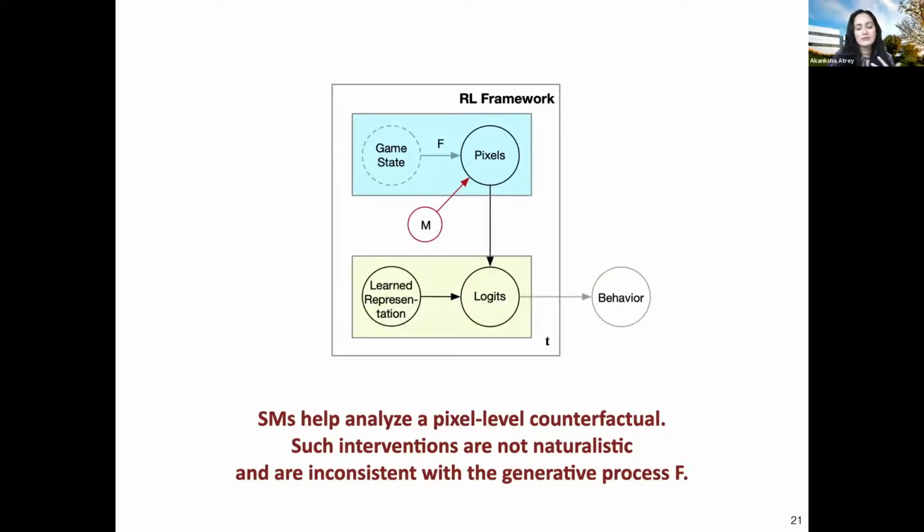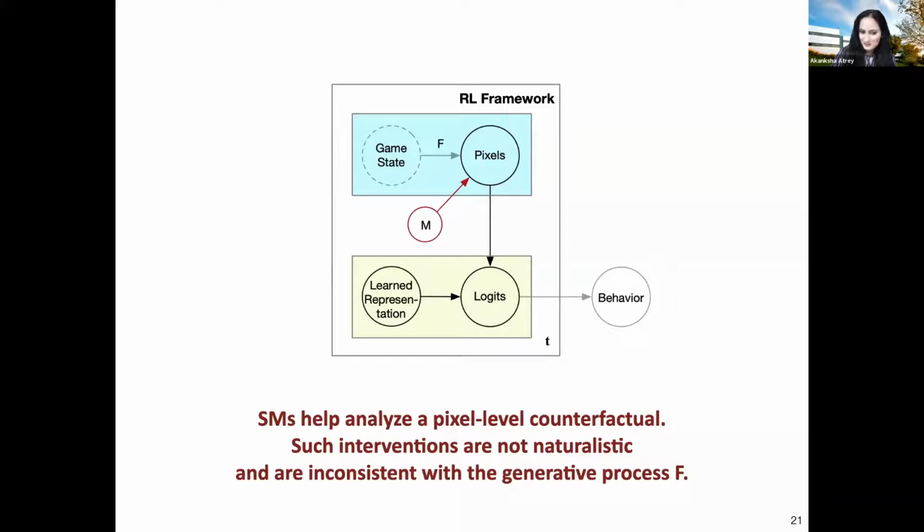Say you have an image of a bird. To see whether the saliency map is looking at the eye, you mask the eye with some gray box or something, and then you see how the agent performs. But that is not naturalistic. The agent has never seen an eye with a gray box, so it's not going to work. It's only looking at pixel level intervention.